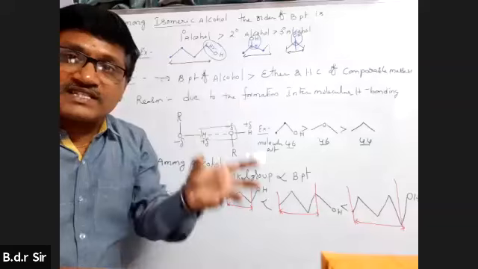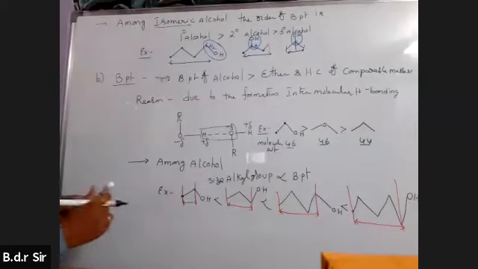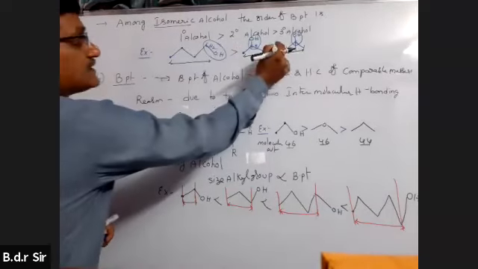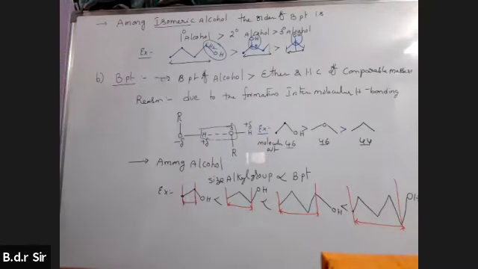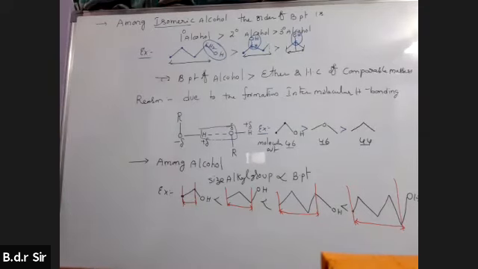Therefore, van der Waals forces decrease. Hence, their boiling point decreases. So, what is the order? Primary greater than secondary greater than tertiary. This is the boiling point concept. Now, we are taking the third model, that is solubility.